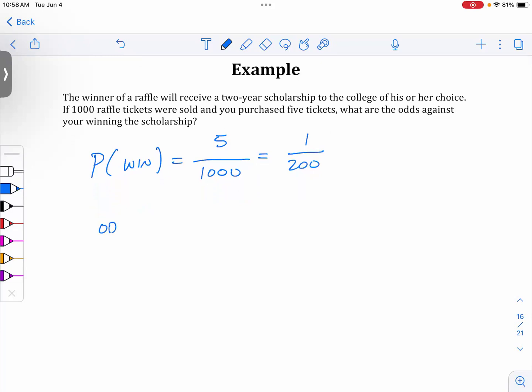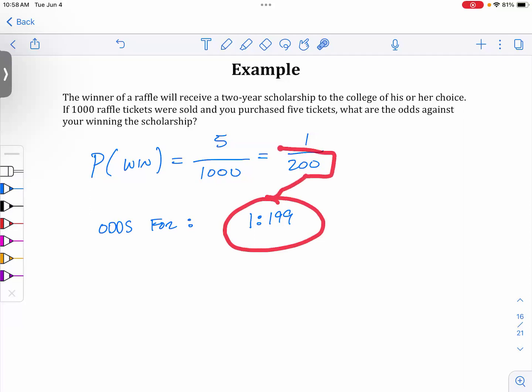In order to do odds, I always start with odds for the event. For the event, there is one chance that I win and 199 chances I do not win. Remember that these two numbers, 1 plus 199, sum to the denominator.